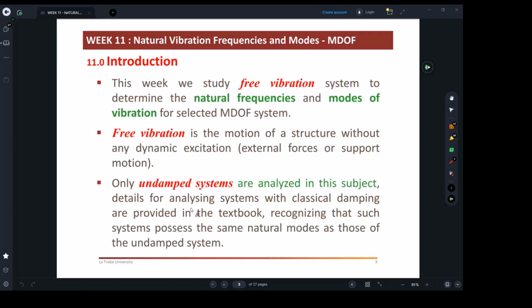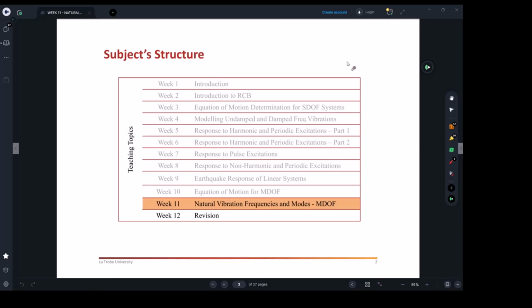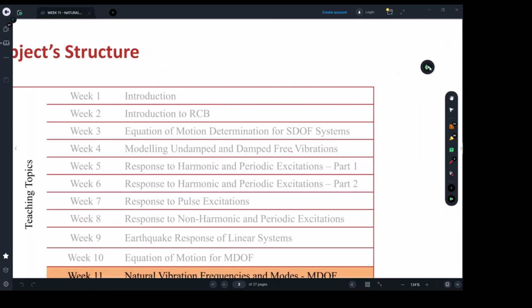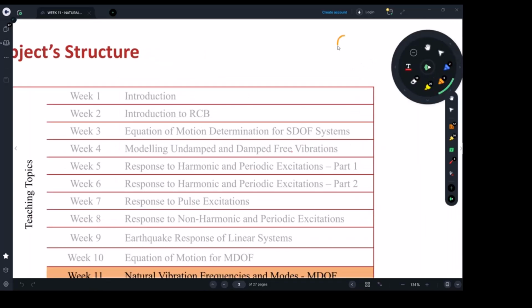When we have a single degree of freedom system, we simply have one mode shape, because a single degree of freedom system is just one mass standing on one support, and as we all can agree, it will have one shape to vibrate with. It will vibrate this way, that's shape 1, or vibrate this way, which is the same as shape 1. So that's one mode shape. It's got one shape, full stop.